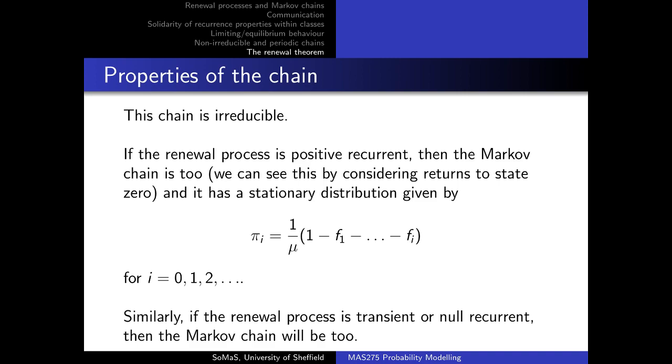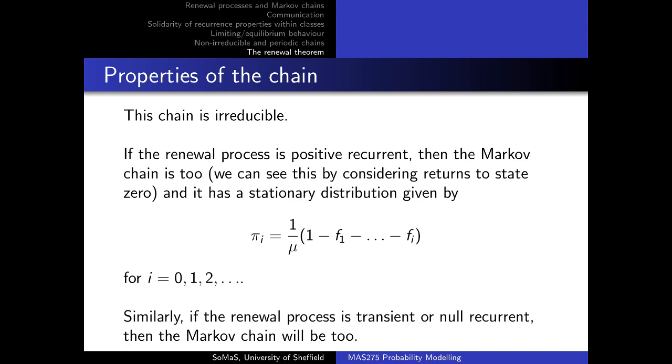And this Markov chain will be positive recurrent if the renewal process is positive recurrent. These two things have different definitions, but remember, the renewal process is positive recurrent if its waiting time, the inter-renewal time, has finite expectation. This also happens to be the waiting time to 0, so things are compatible.